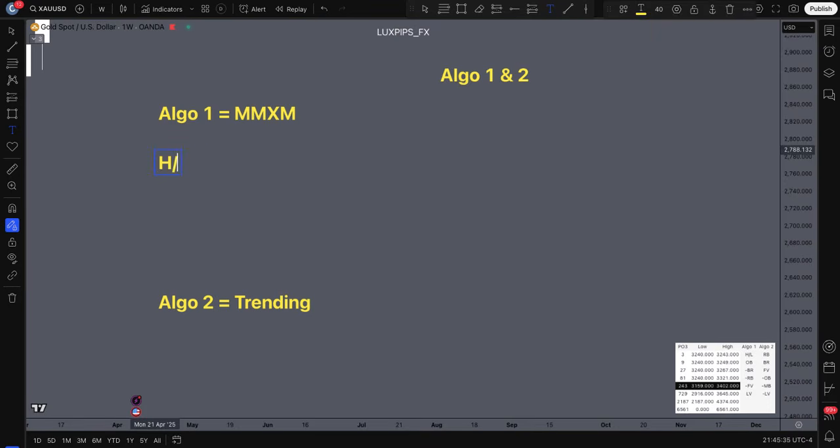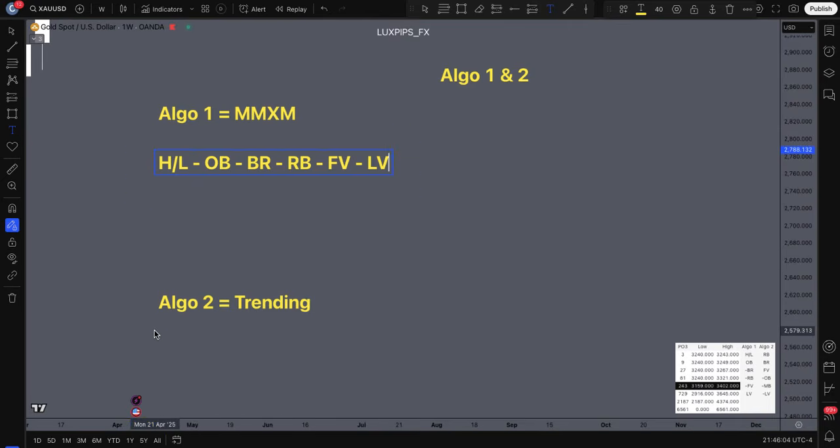So Algo 1 is high-low to the order block, to premium breaker, to premium rejection block, premium FEG, back down to discount liquidity void. This is a bullish scenario right here, or it's a full MMXM. You'll see why in a little bit.